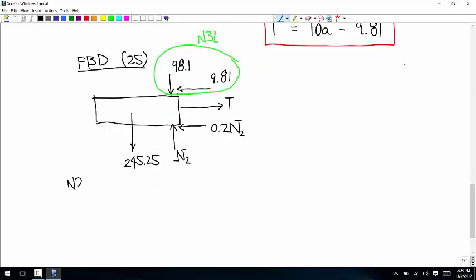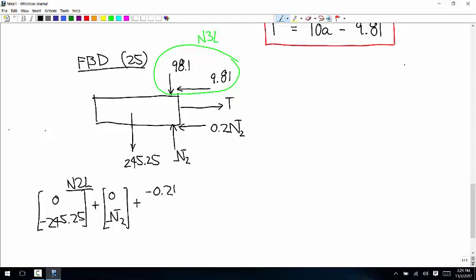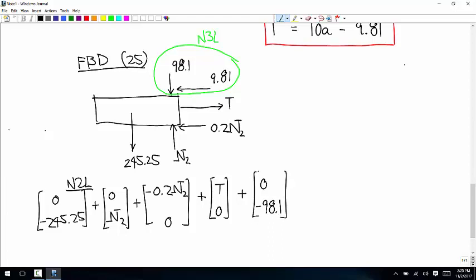So now put it in Newton's second law. And you get 0, negative 245.25, plus 0, positive N2, plus negative 0.2 N2, 0, plus positive T, 0, plus 0, negative 98.1, plus negative 9.81, 0.